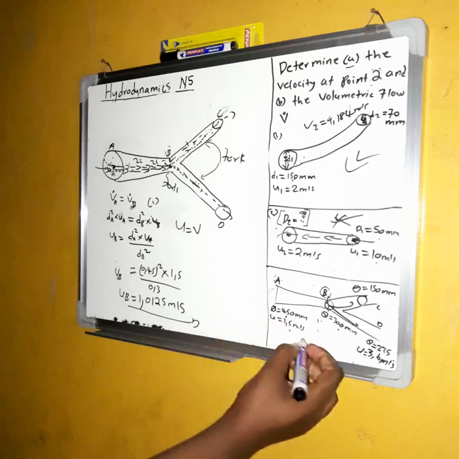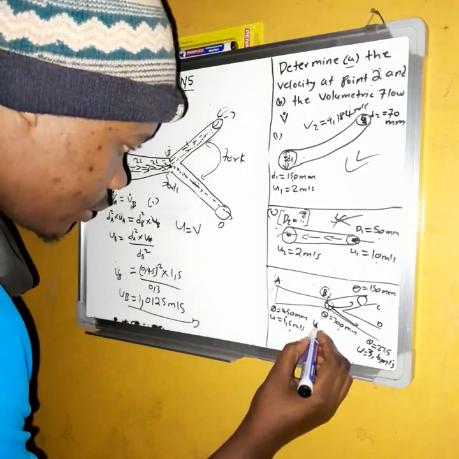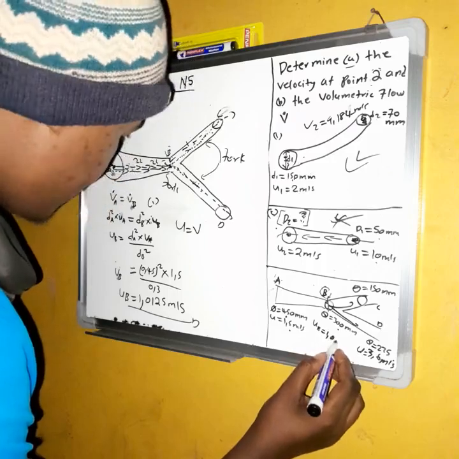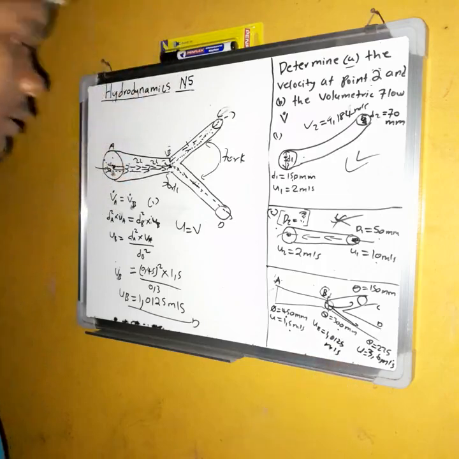So we have this velocity now, UB, which is 1.0125 meters per second.